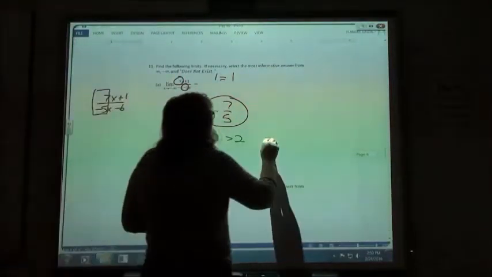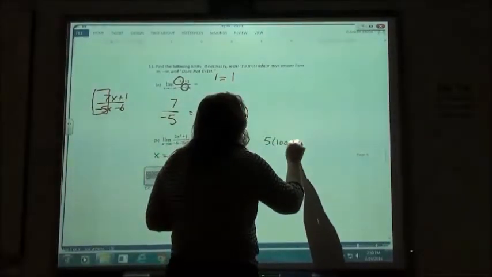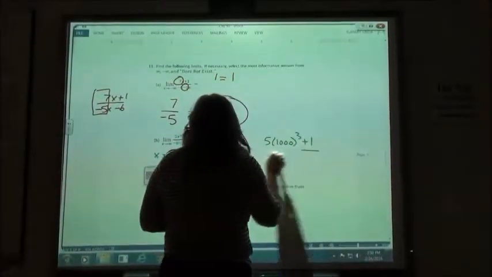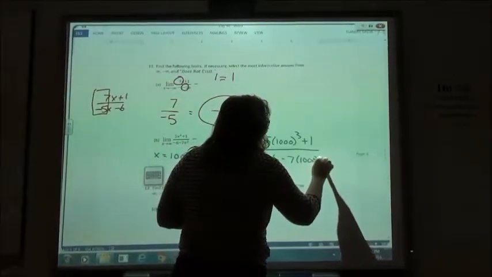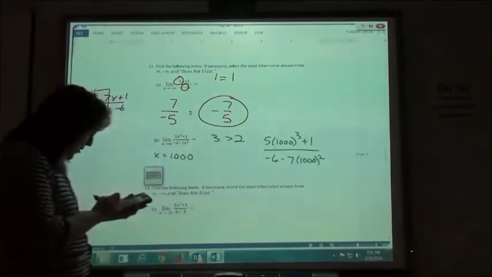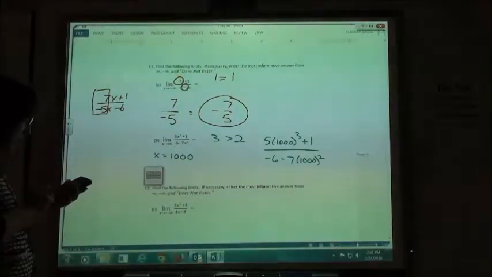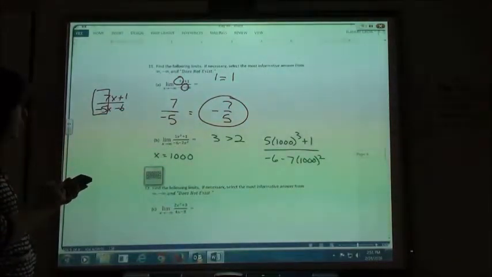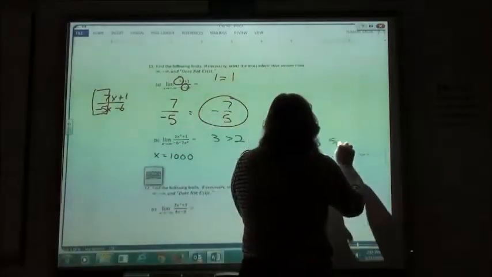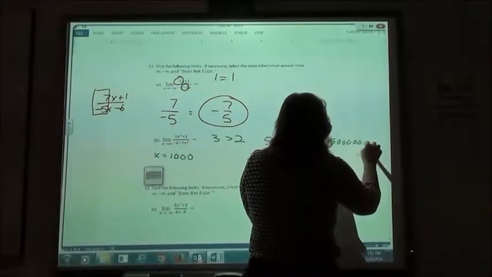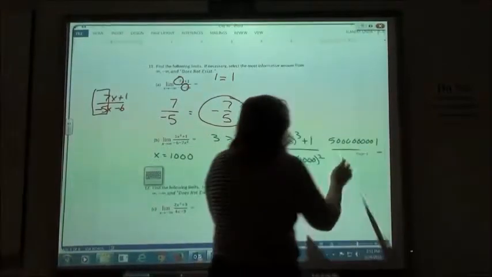So I'm going to take 5 times 1,000 cubed plus 1, and then negative 6 minus 7 times 1,000 squared. So 5 times 1,000 to the third plus 1 gives me 5,000,000,000,001.